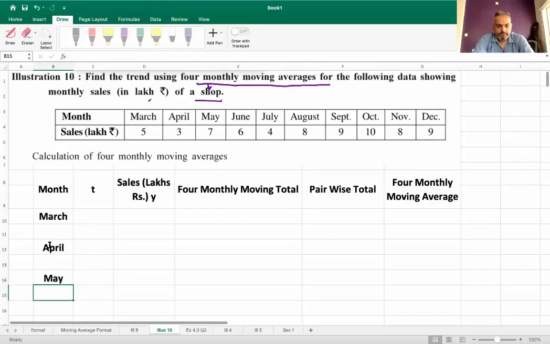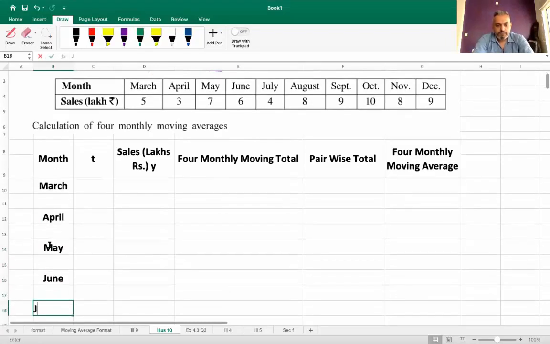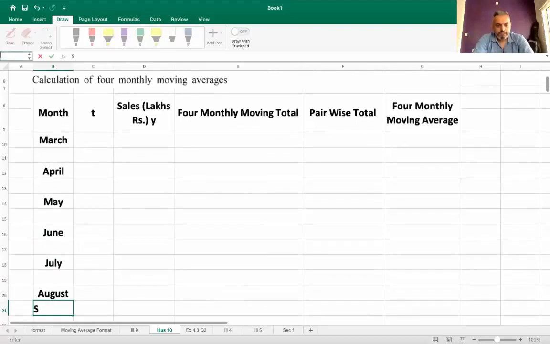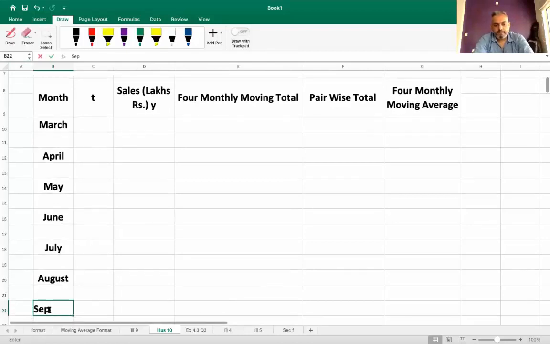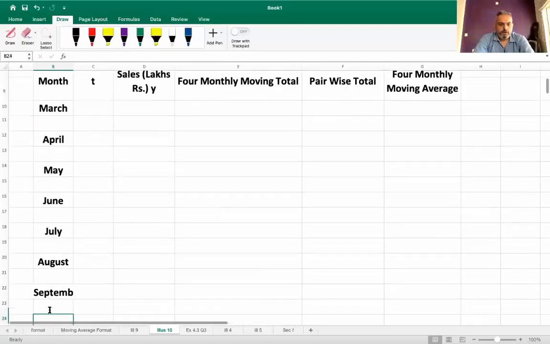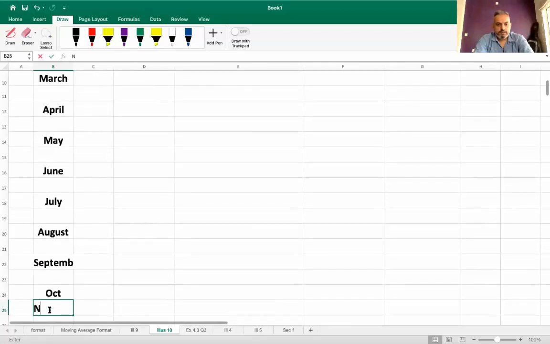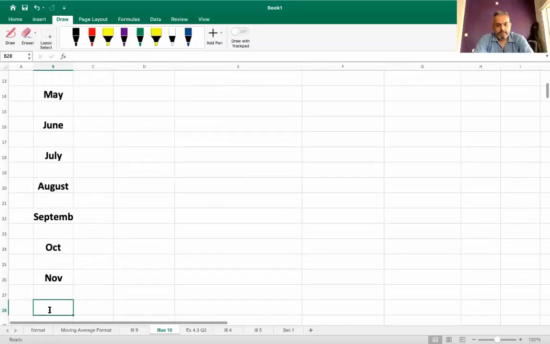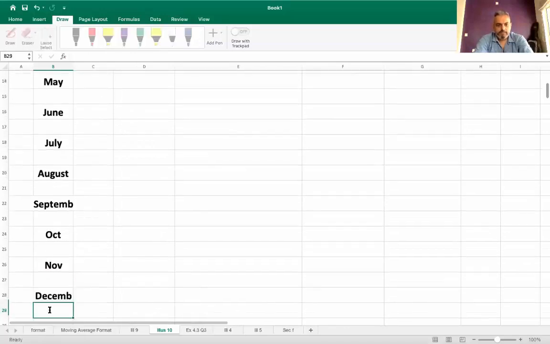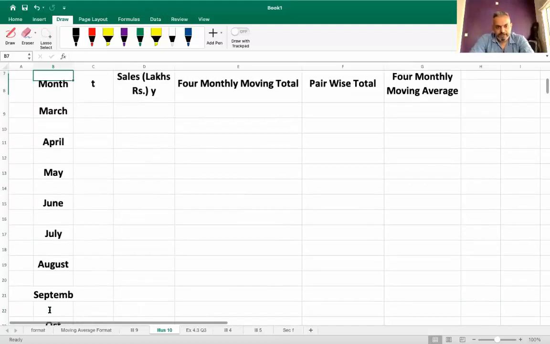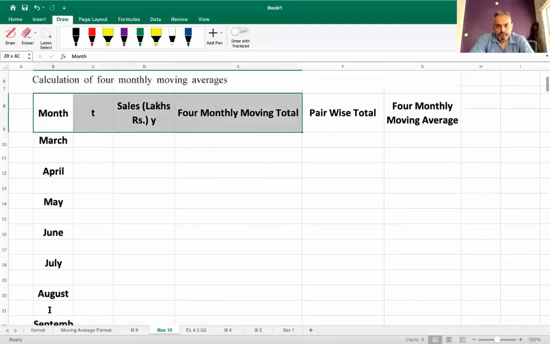Then May, then June, then July, August, September, then October, then November, and then December. Now, please leave one line blank and do it.